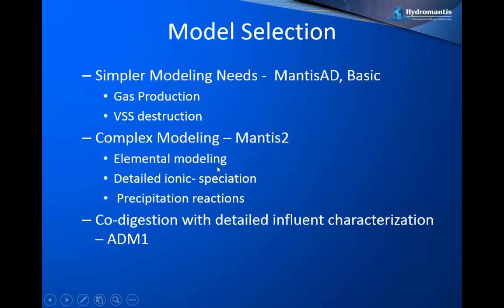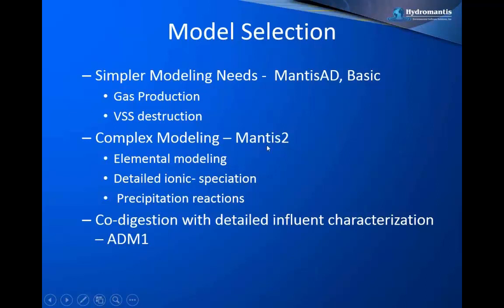Another thing, after looking at all the 4 models, the question arises, okay, which one should I use? Our recommendation normally is, if you have simpler modeling needs, then probably the basic model is the best choice. It gives you a reasonable estimation for the gas production and VSS destruction rates. If you want to do more complex modeling, then we normally would like to recommend MantisAD.